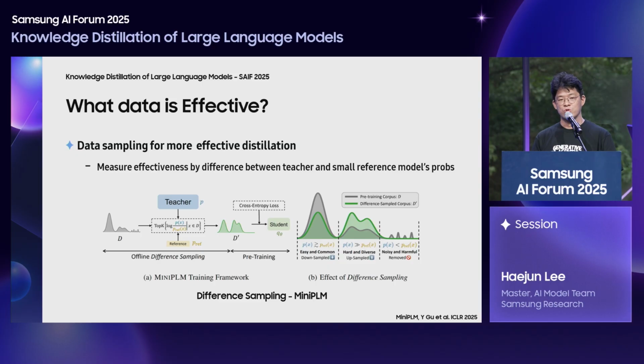So this can be relatively easy data, and you can downsample this kind of data. However, in the opposite case, where the teacher's probability and the student's probability have a big gap, the student will not follow the teacher effectively. You need to consider these as diverse and complicated cases, so you might want to upsample this data to increase the effectiveness of learning.